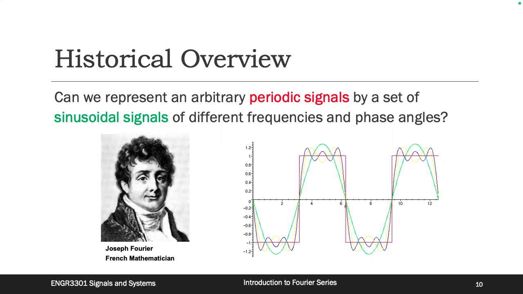What's the period of this square wave? For example, this is the start, and this is 6.1, 6.2. It is periodic, am I right? Can this square wave be represented by a set of sinusoidal signals?